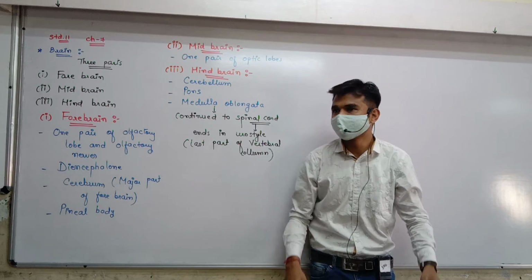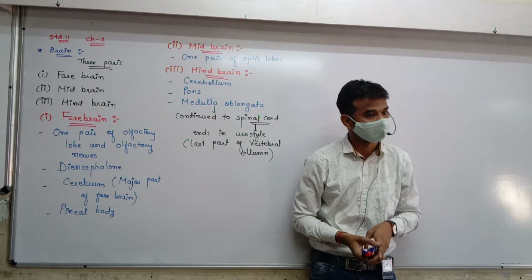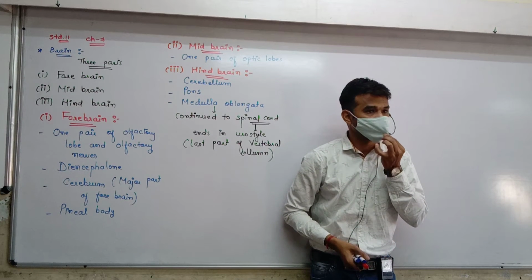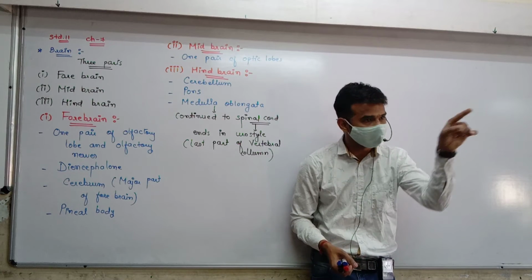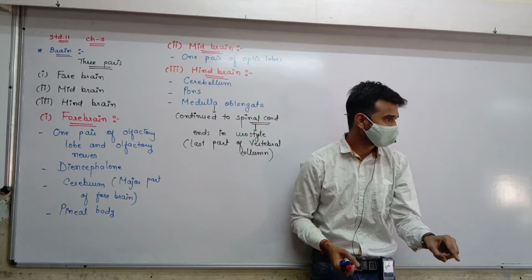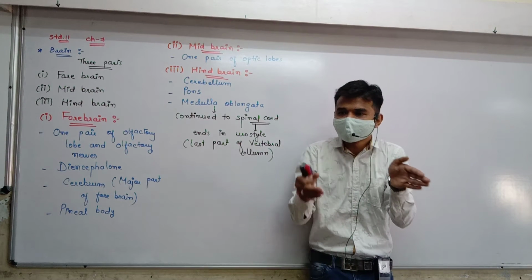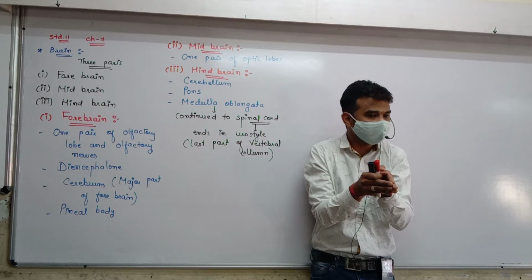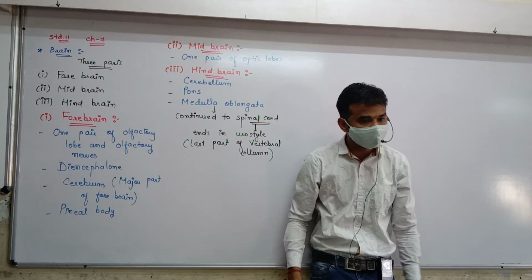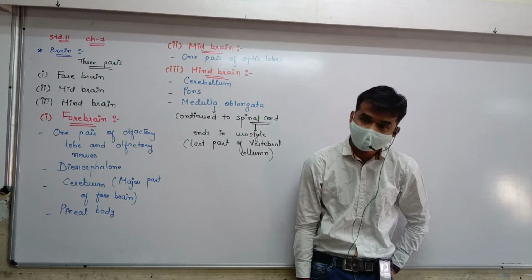This half is known as a cerebral hemisphere. I am talking about human beings, please consider this for human beings. Two cerebral hemispheres are joined together with the help of a group of nerve fibers. This is known as the corpus callosum.